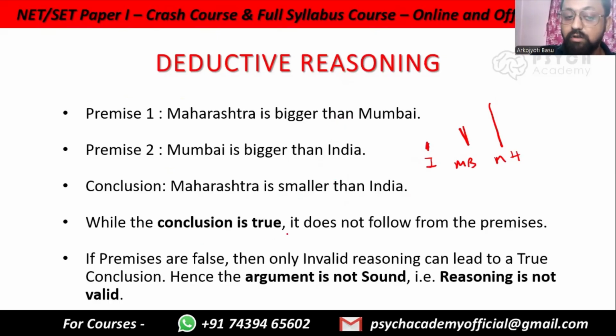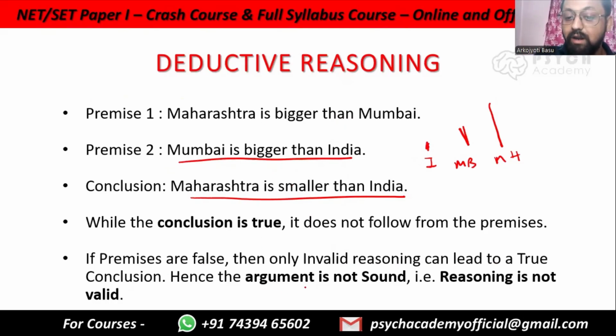So even if the conclusion is true, if premises are false, only invalid reasoning can lead to a true conclusion. This is a false premise. This is a true conclusion, and you cannot get a true conclusion from a false premise using valid reasoning, because valid reasoning flows from the premises only.